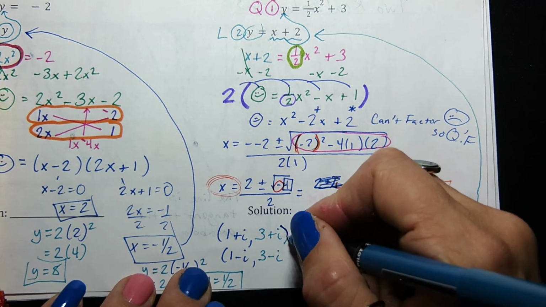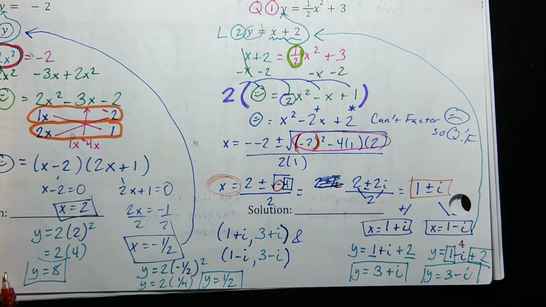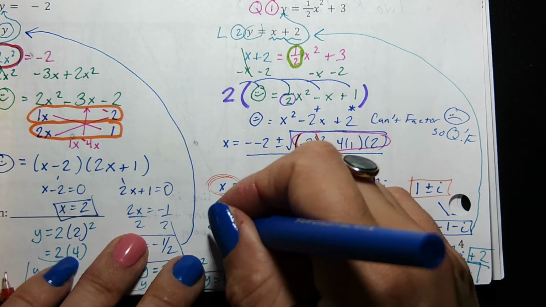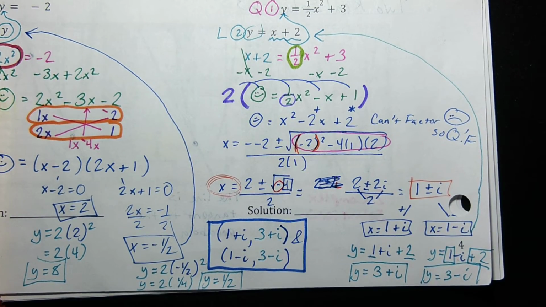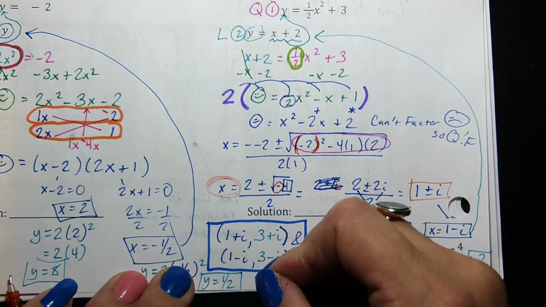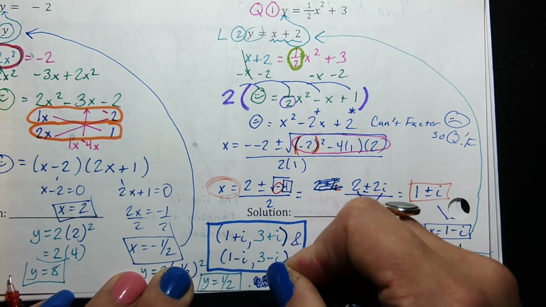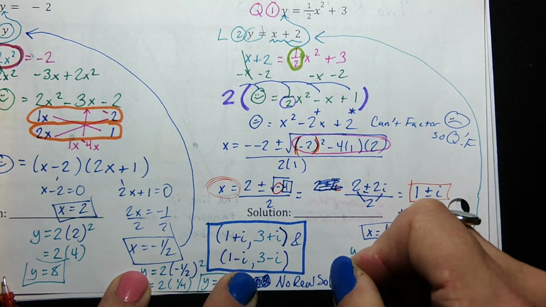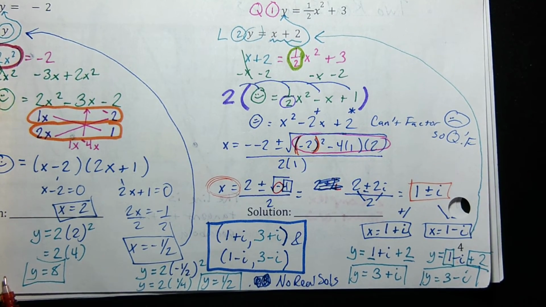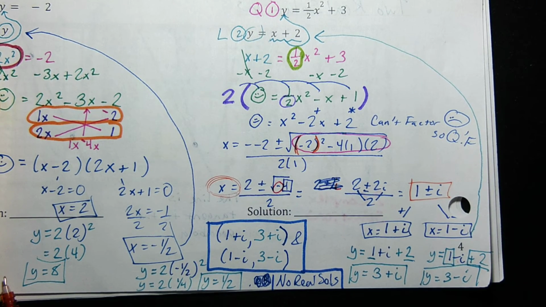So it's a little bit strange, but we are finding the full imaginary coordinates, even though we wouldn't be able to graph them. So we could say about this one that there are no real solutions.